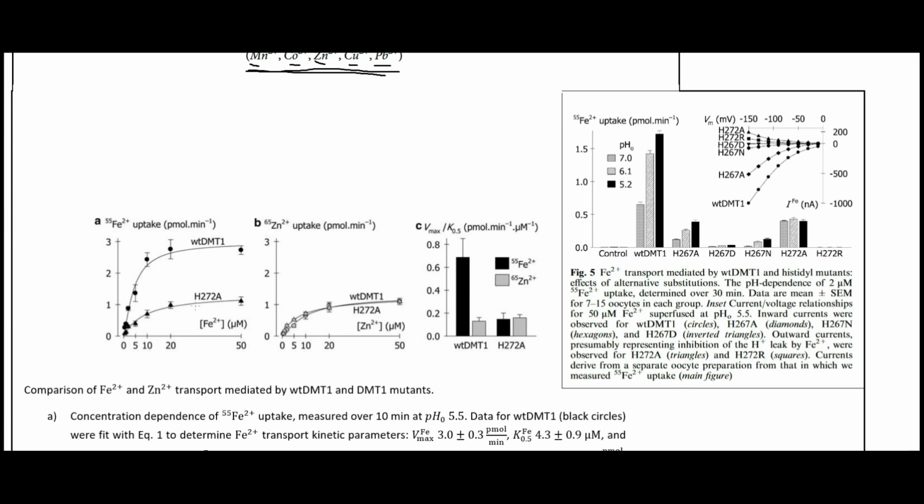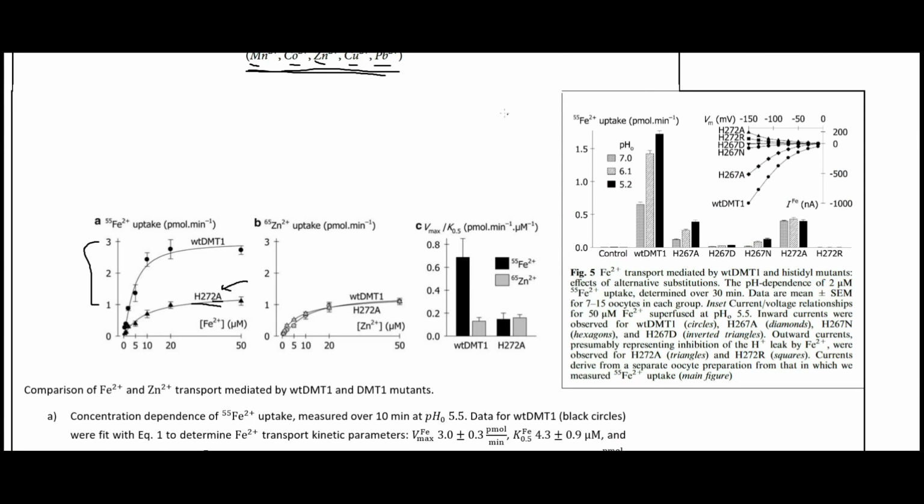This one was specifically looking at this histidine at the 272 position, and we see that if that is mutated to this alanine, which is a standard mutation when doing these to shut off that specific residue, to look at what that specific residue is up to, we see that that reduces the kinetics here, it reduces the turnover rate by a pretty large factor, and so that's showing that that is an important residue in here.